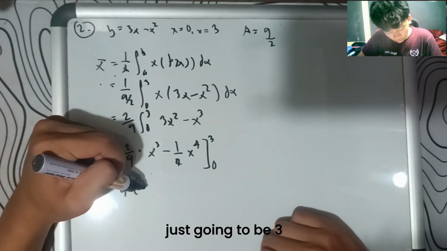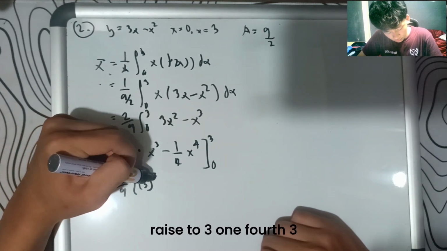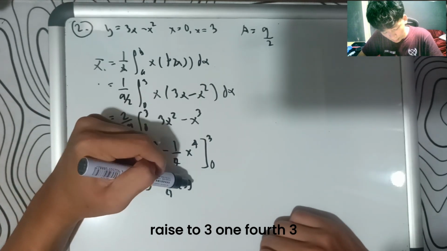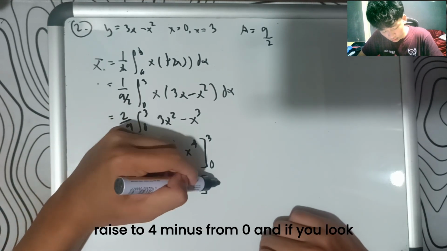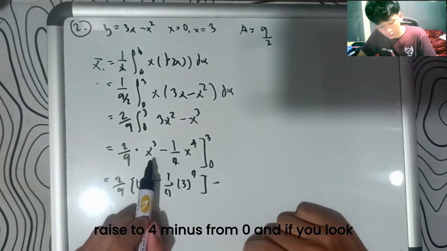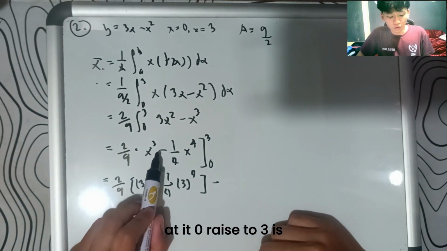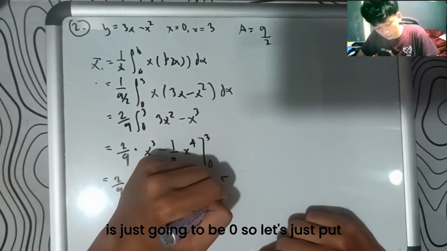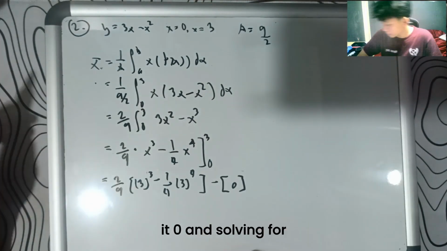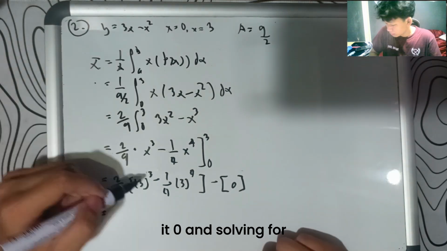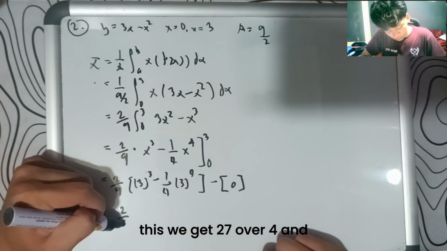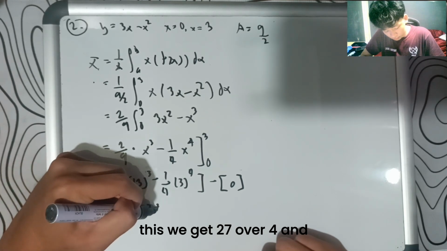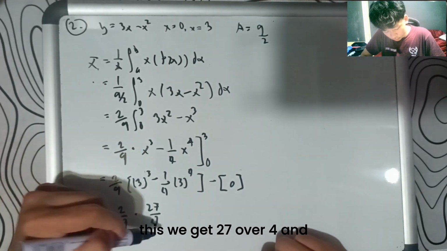So this is going to be 3 raised to 3, 1/4 times 3 raised to 4, minus the value at 0. If you look at it, 0 raised to 3 is just 0, and 1/4 times 0 is just going to be 0. Solving for this, we get 27 over 4.